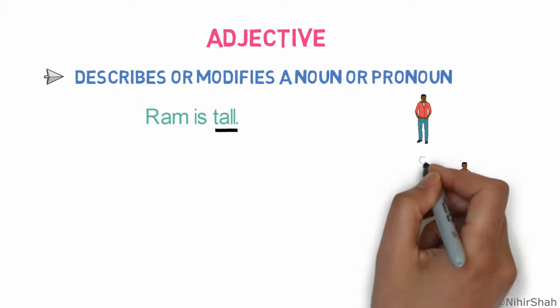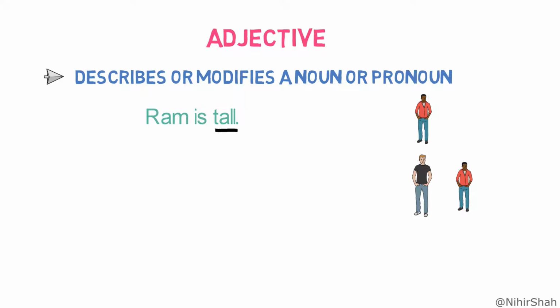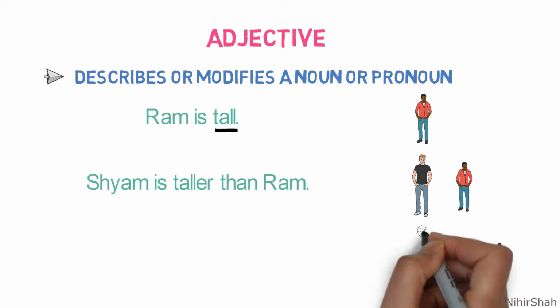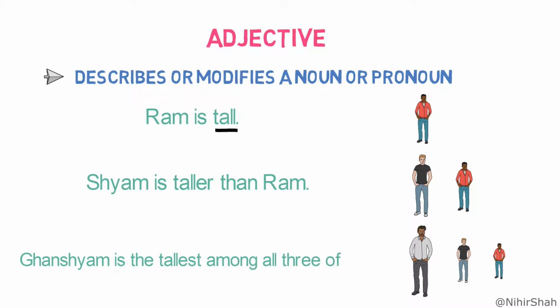Now, let's say another person named Shyam comes along and we want to compare his height with Ram's height. We find that Shyam is taller than Ram. Next, imagine a person named Ghanshyam joining them. We want to compare his height with both Ram and Shyam. We discovered that Ghanshyam is the tallest among all three of them.